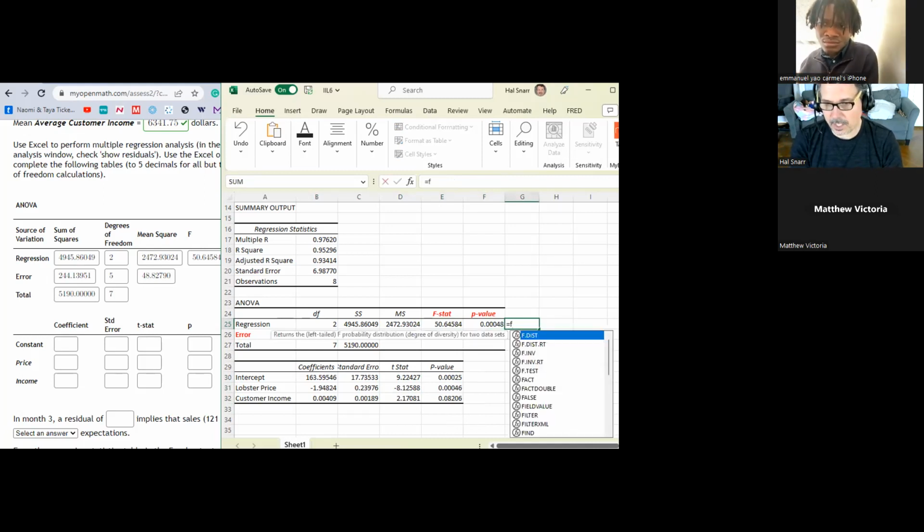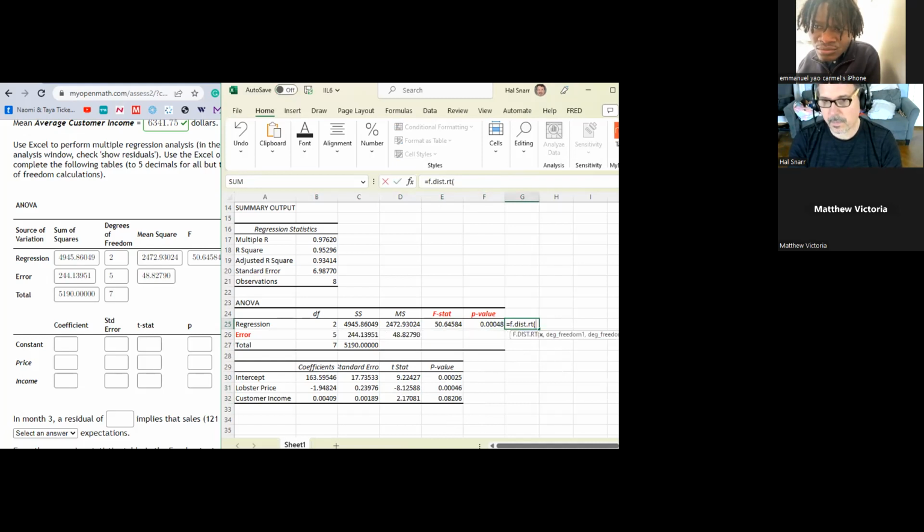So I got F.DIST.RT. I got the F statistic, the numerator degrees of freedom, and the denominator degrees of freedom. And notice that it equals that, right? So this is an upper tail probability.